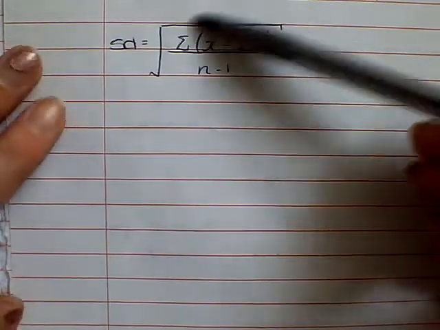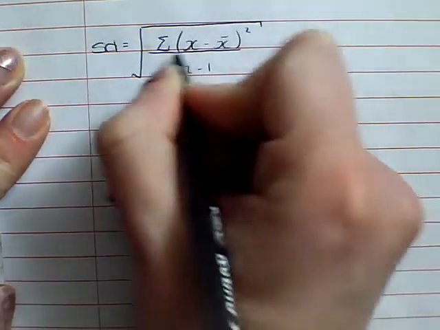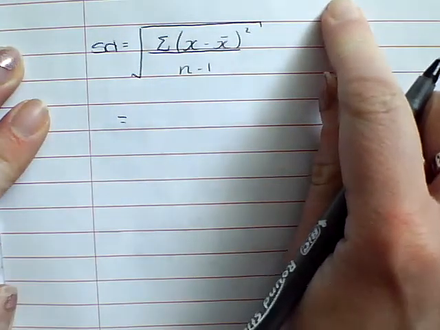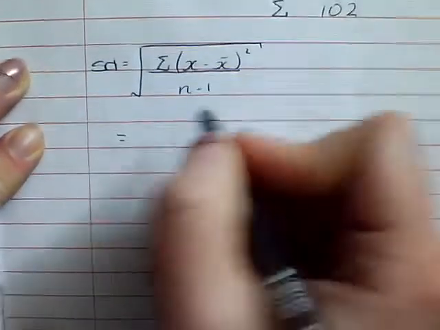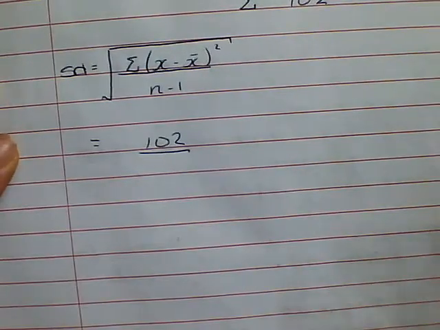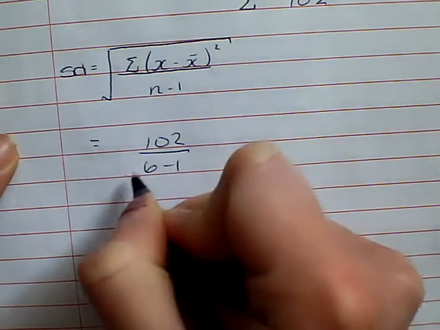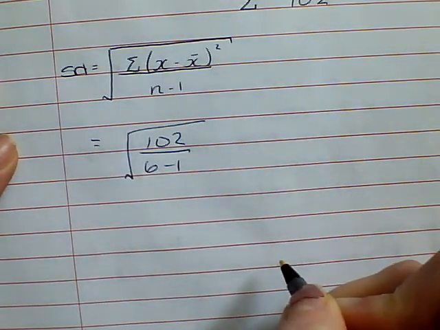So this is the formula, and it is on the front of the formula sheet. The top is this here, that 102. The bottom is how many numbers there are minus 1. Well, there was 6 numbers minus 1, and I'm going to square root that whole thing.